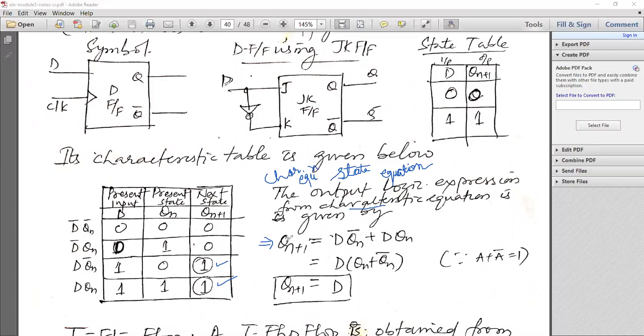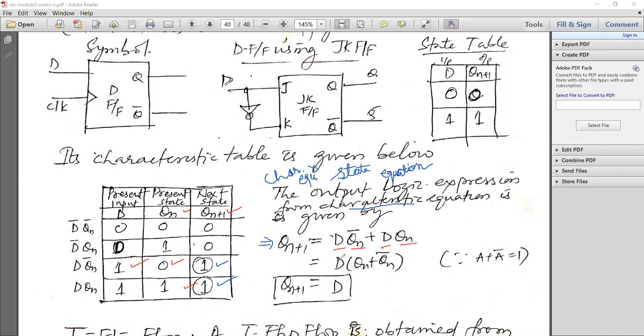For writing the state equation or characteristic equation, I should see for which combination I am getting Qn plus 1 as 1. So this column is my Qn plus 1, the second column is my Qn, and the first column is my D. So write D and Qn bar. The second one is D and Qn. Now simplify this.